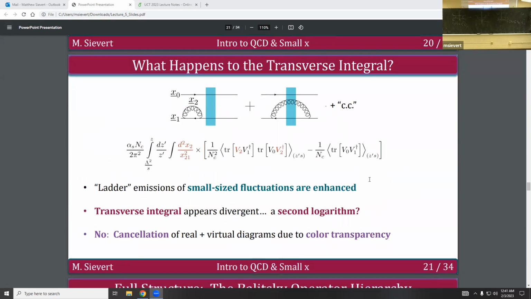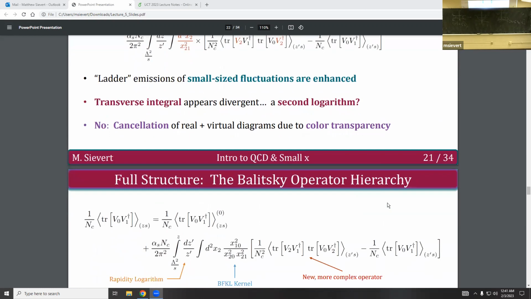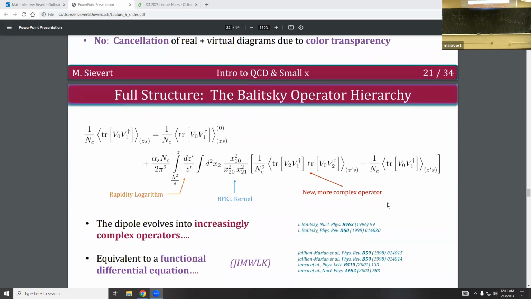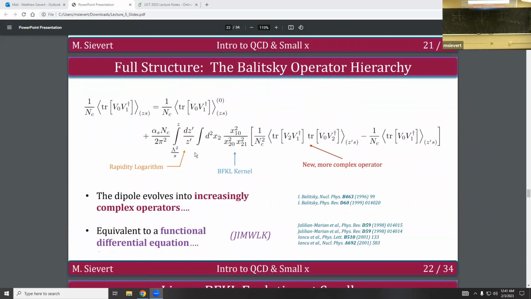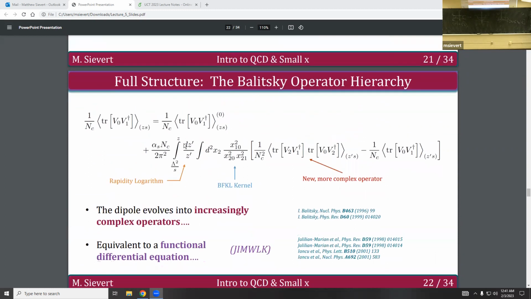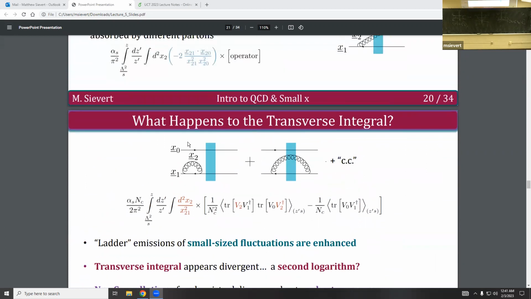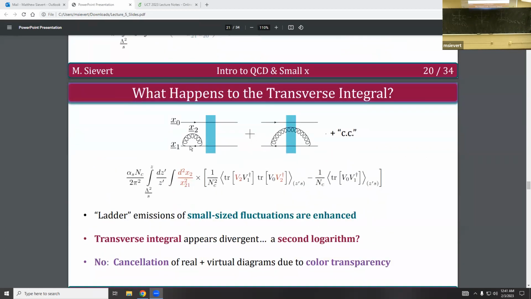Another interesting point that's a little bit deceptive about it is that there are regions of phase space of the BFKL equation that look like they actually have two logarithms, not just one. The logarithm that we expect to see is this one that comes from the rapidity variables, the longitudinal variables. But if I go back and look at a subset of these diagrams, for instance, the emissions around particle number 1, all of these wave functions come in with 1 over x2 minus x1 squared. This looks like this integral is trying to become logarithmic.